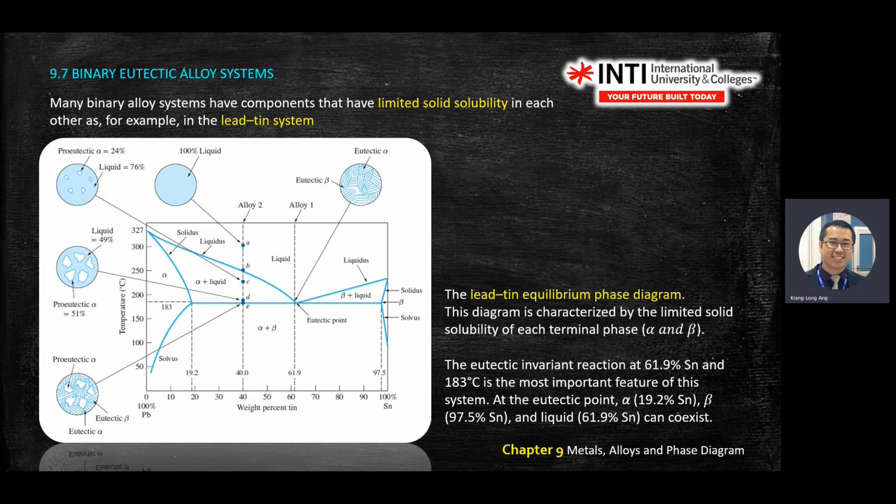But from this graph, what you know is that at this eutectic point, you have alpha, beta, and liquid. You have three phases. You try to find the three things here: alpha, beta, and how many percent of liquid.